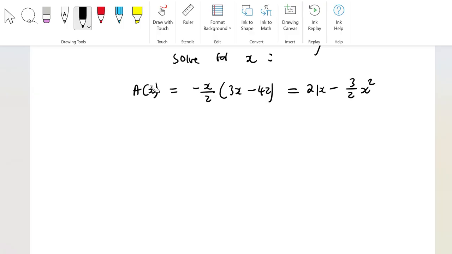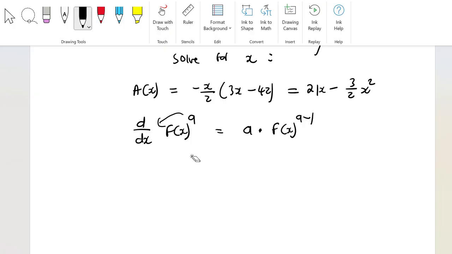Now recall the rules of differentiation. If I differentiate a function that has a power a, I take the power to the front and I subtract 1 from that power, then I find my derivative.